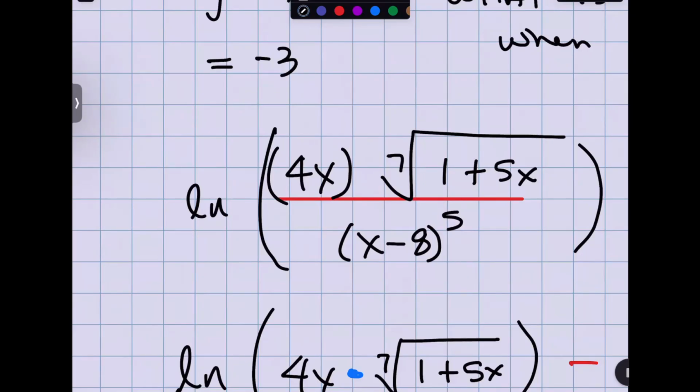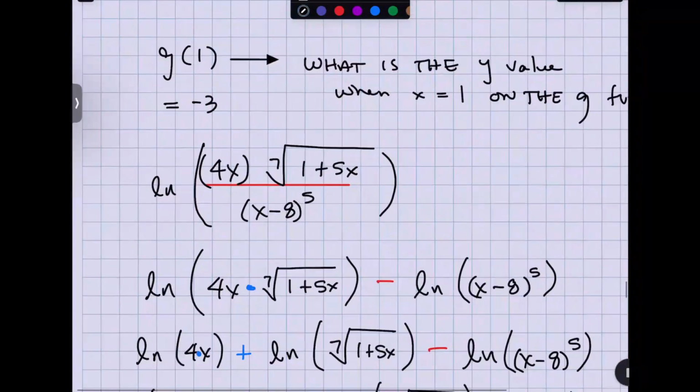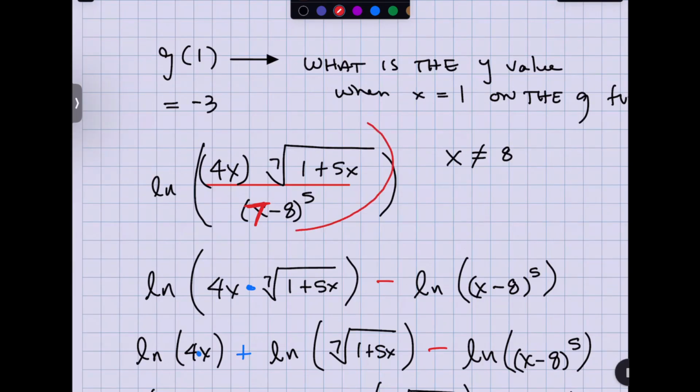Okay, so now he's getting to the point. The reason why this is saying x is greater than 8 and not x cannot equal 8 is because if I was to use 7 in here, it gives me a negative 1, which I can have in the denominator of a fraction. Agreed? However, this whole thing becomes negative.